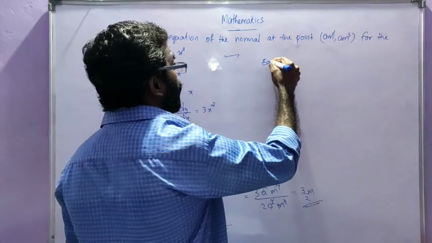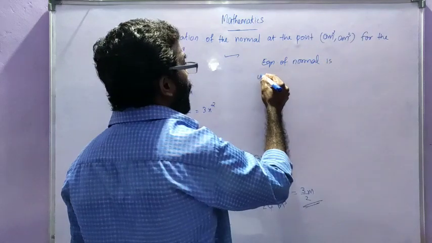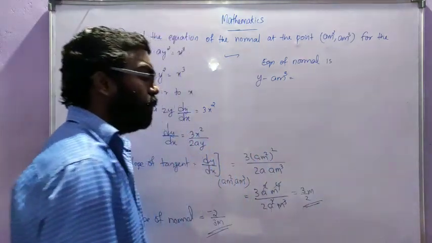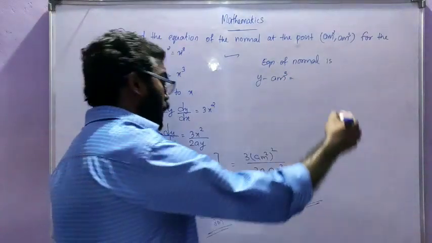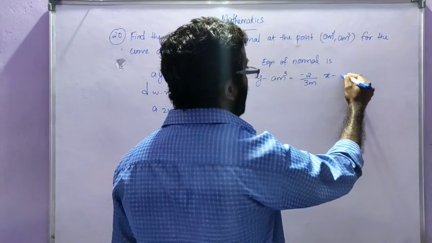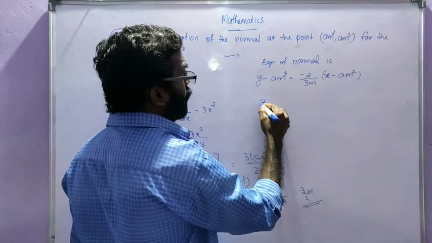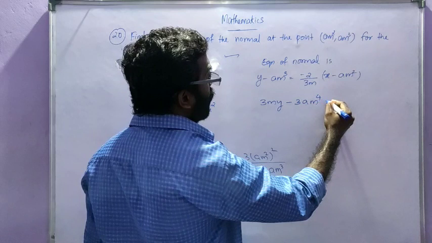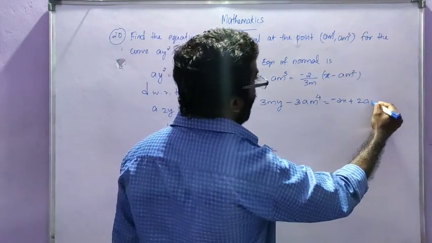Now we can write the equation of normal. Equation of normal is y minus y0, that is y minus am cube, which is equal to minus 1 by f dash of x0. That means the slope of normal, here it is minus 2 by 3m, into x minus x0, x minus am square. This 3m we can cross multiply, 3my minus 3am raised to 4, which is equal to minus 2x plus 2am square.